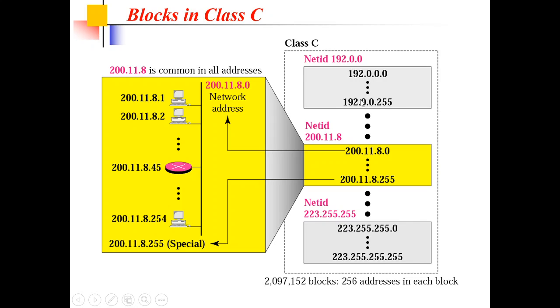So in each network there will be 256 hosts. Now this class C is generally used for small-size organizations, but the number of hosts you can connect is very small, only 256 hosts in that particular network.